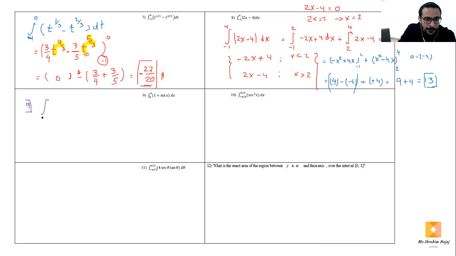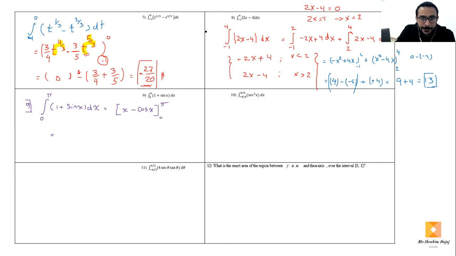It's x. Plus the integral of sine, which is negative cosine x. From 0 to pi.